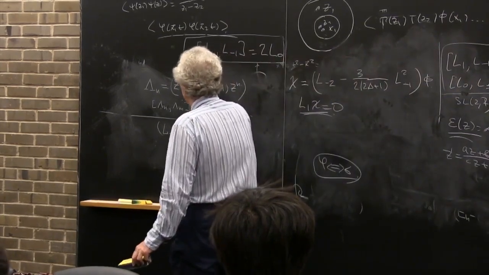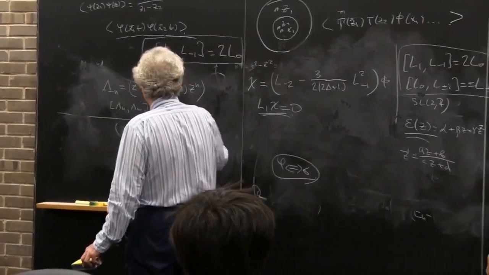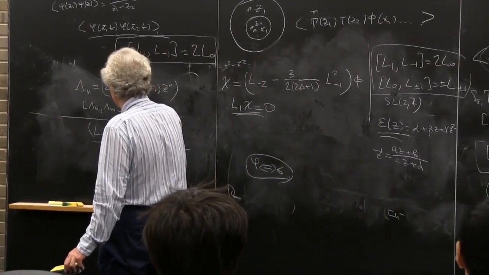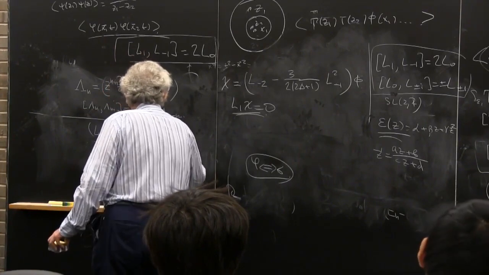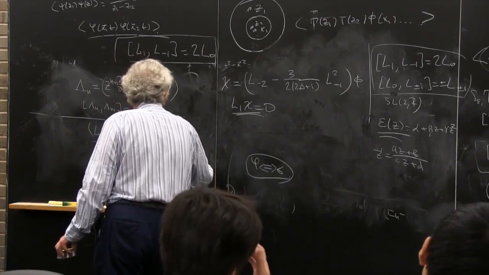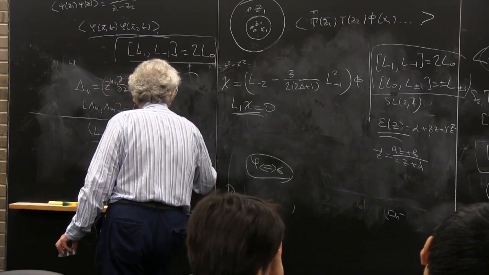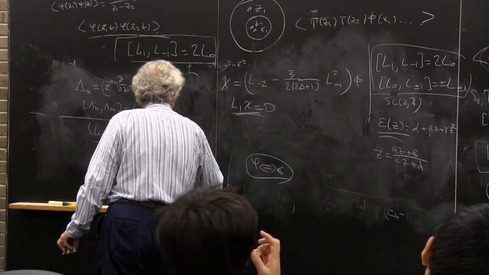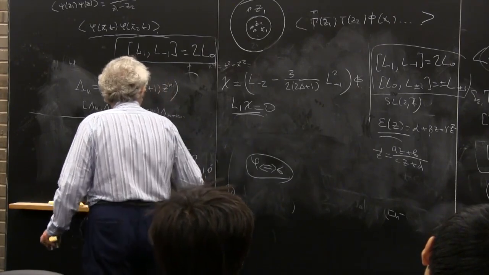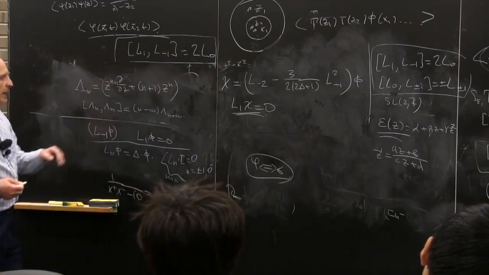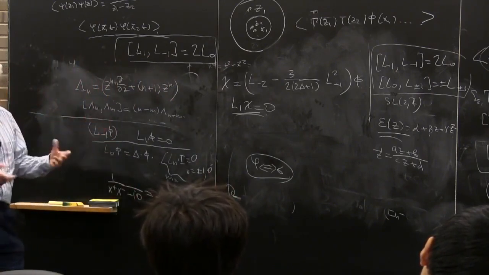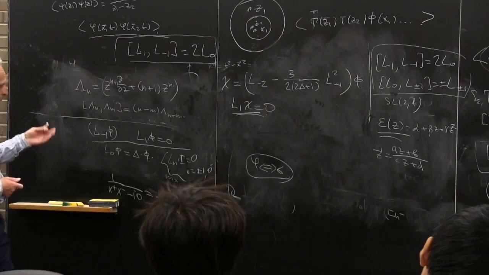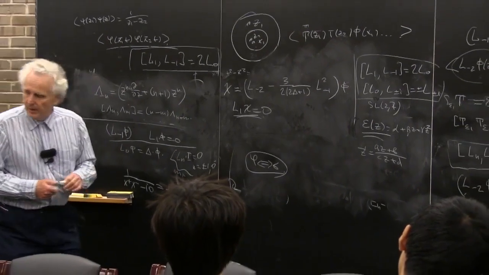Okay, what I was saying, that we have no Goldstone bosons because all these things are 0. Ln applied to the unit operator is 0 for n equal to minus 1, 0, 1. And that is equivalent to saying that correlation functions are invariant under Möbius transformations and only under Möbius transformations.